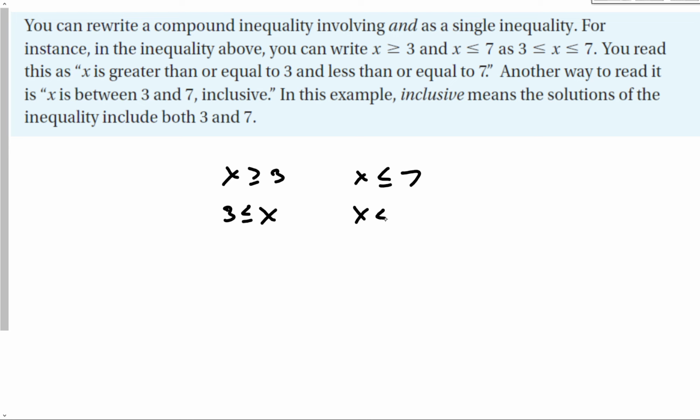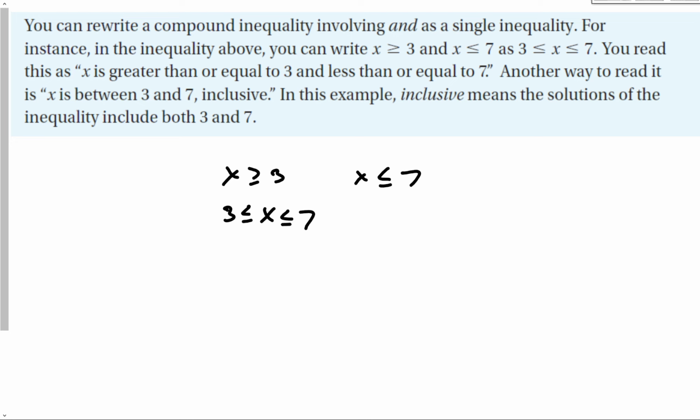This one can stay the same. And basically what happens is I can just take these two and shove them together, just like that. So we now have a compound inequality.